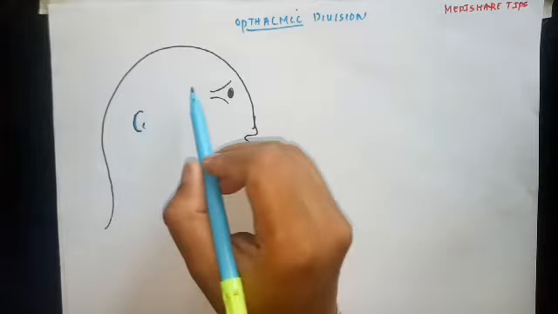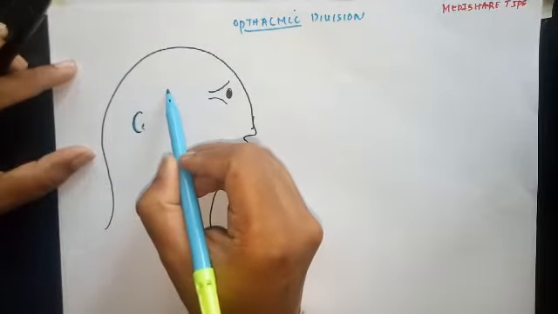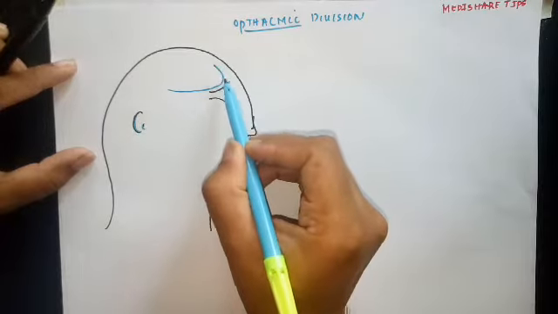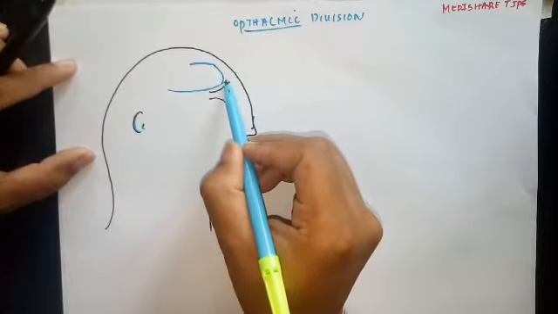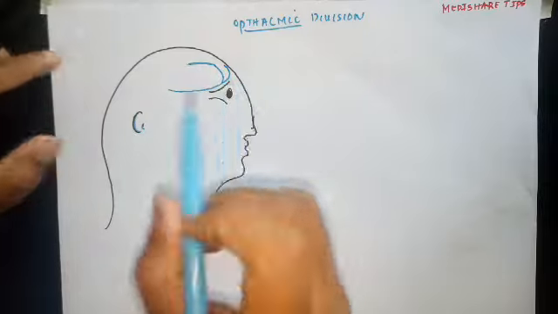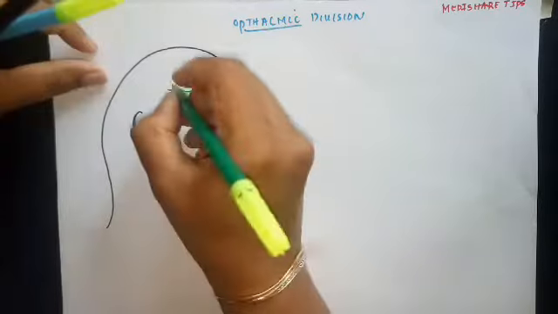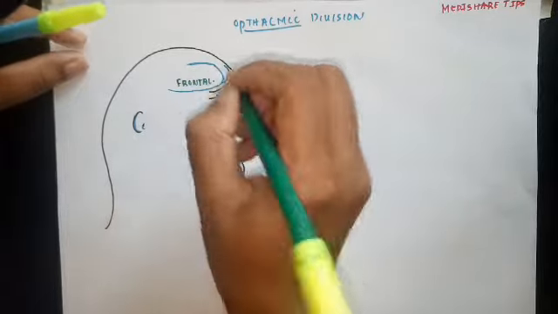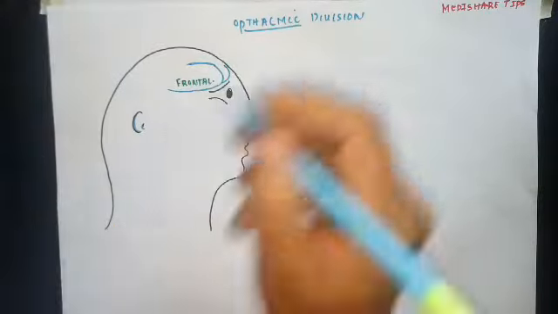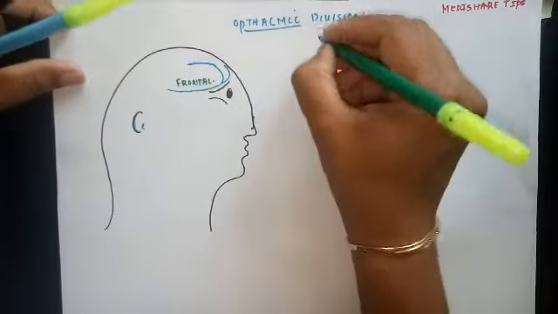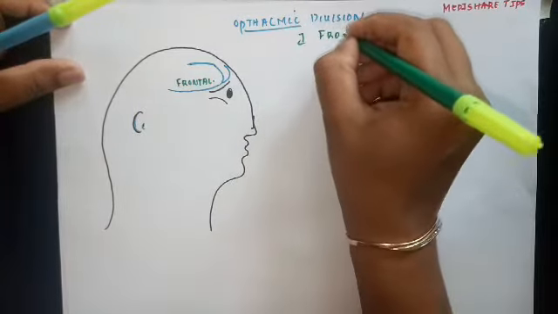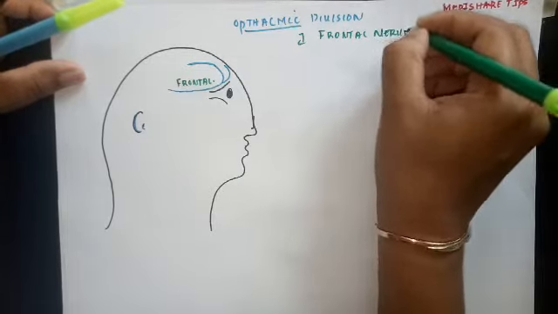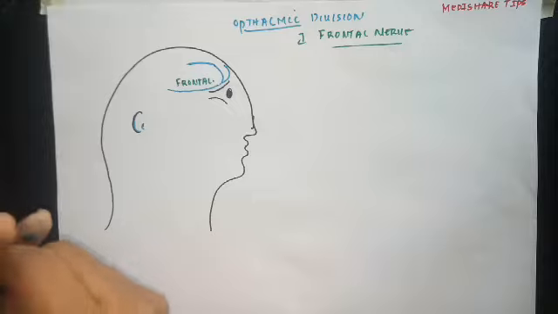So it emerges through the superior orbital fissure, and the frontal nerve passes like this and divides into two terminal branches. This is the frontal nerve, and we are discussing the two terminal branches of the frontal nerve.